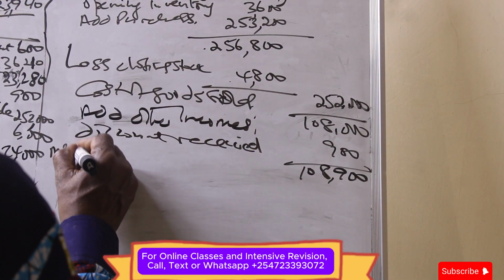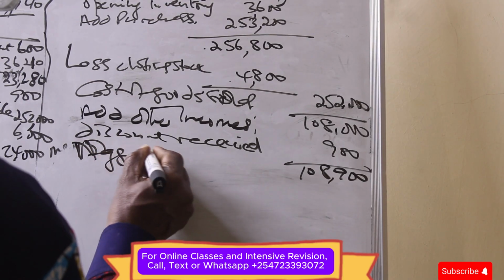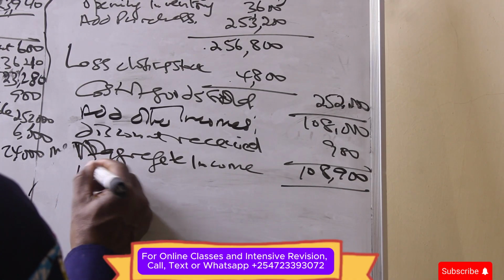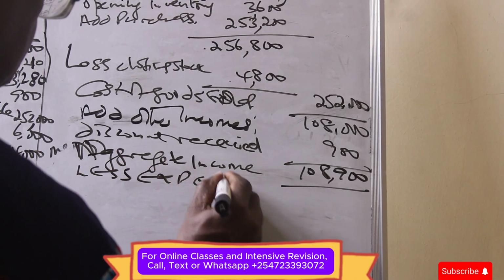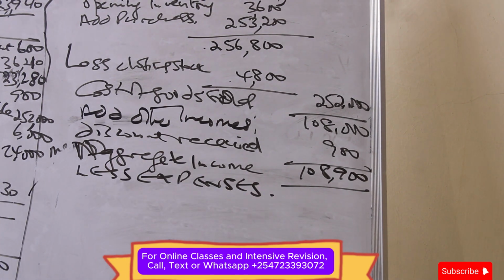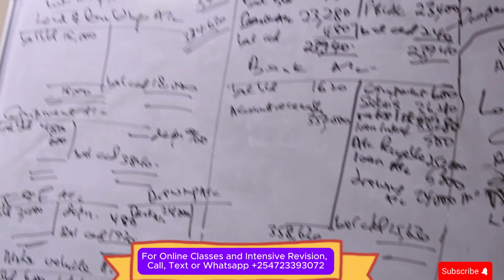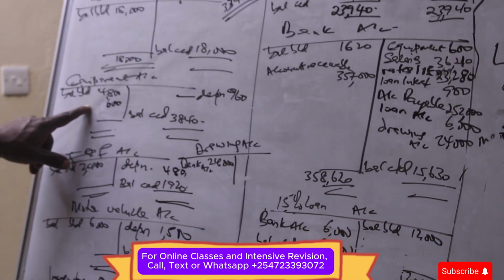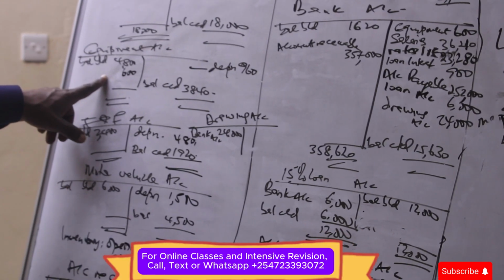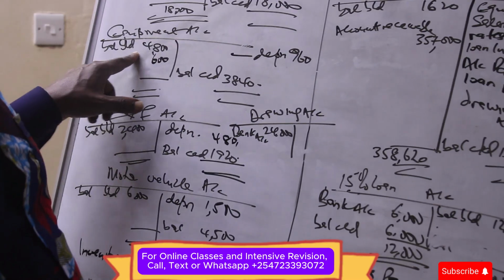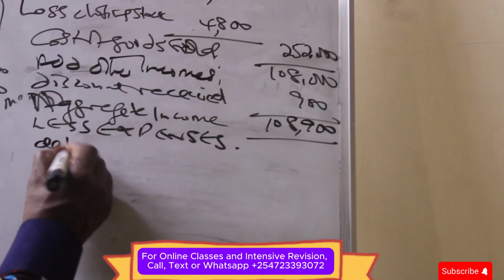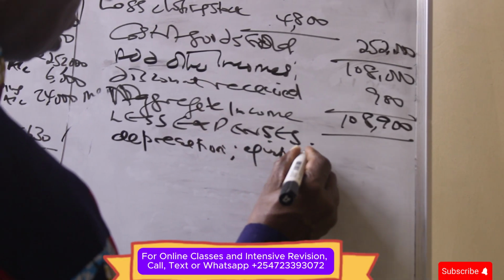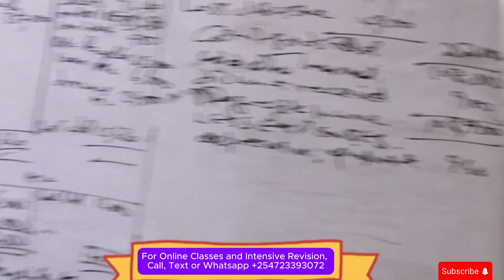We say total, this is aggregate income, less expenses. We quickly go through our expenses. Depreciation for equipment is 960.